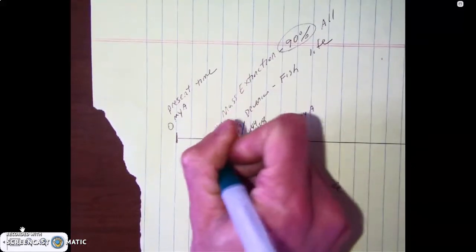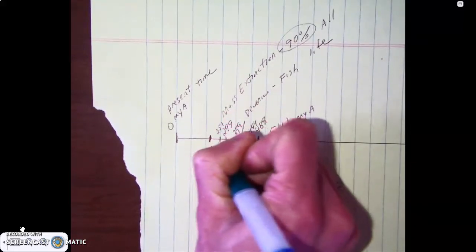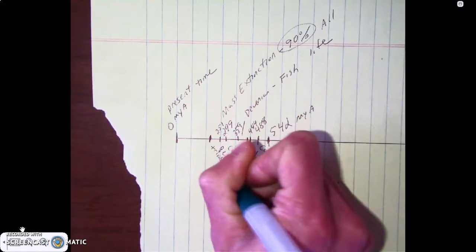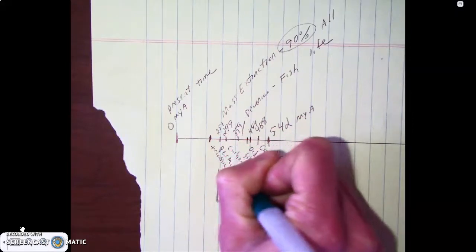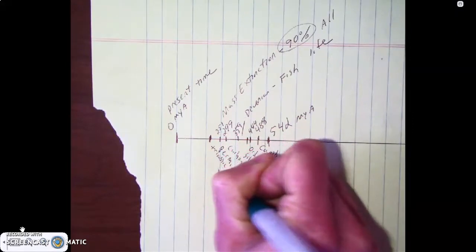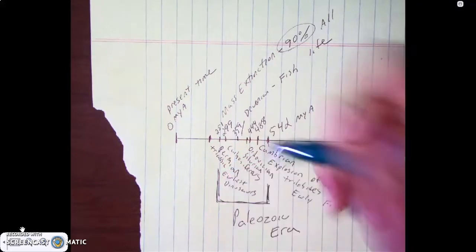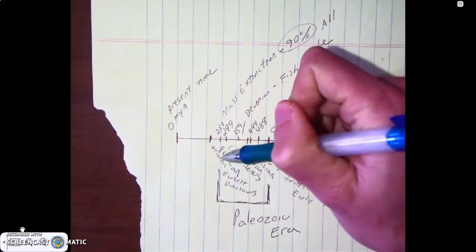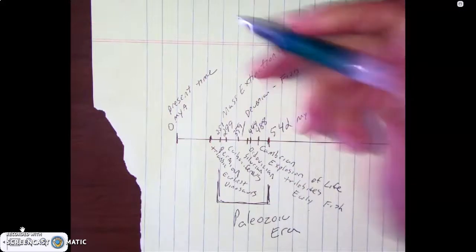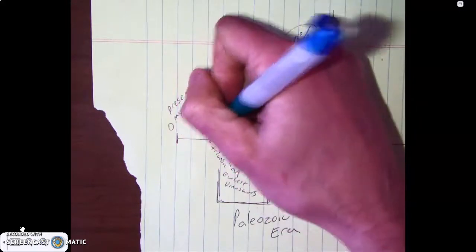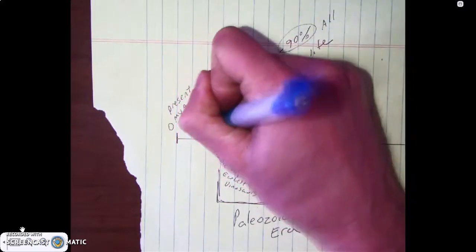So this is Triassic. We have our earliest dinosaurs. So our earliest dinosaurs evolved during the Triassic. The Triassic ends 200 million years ago, so I'm going to write that in.